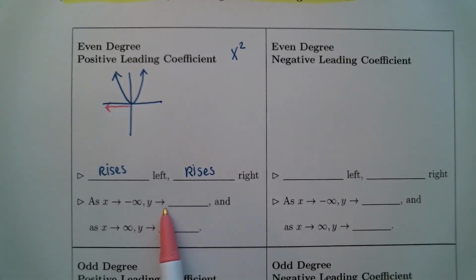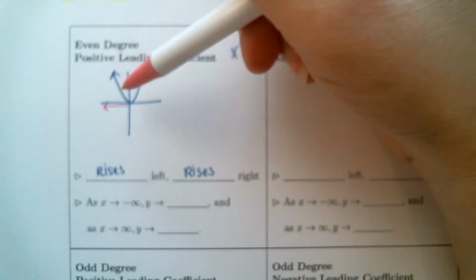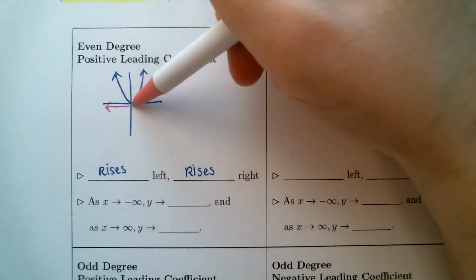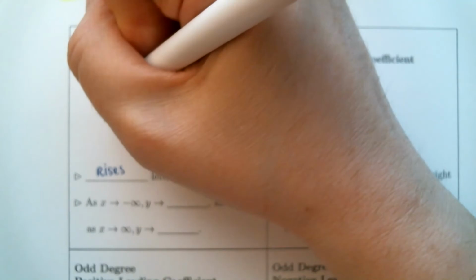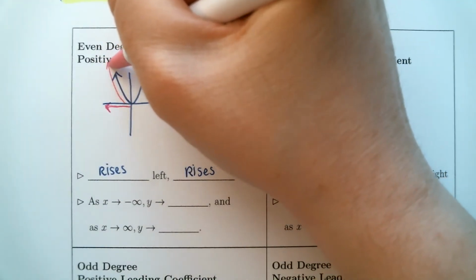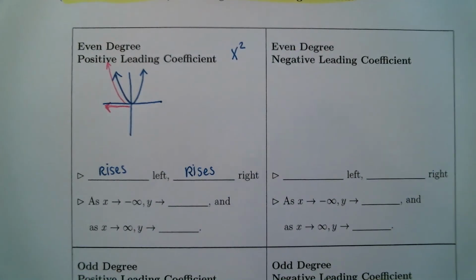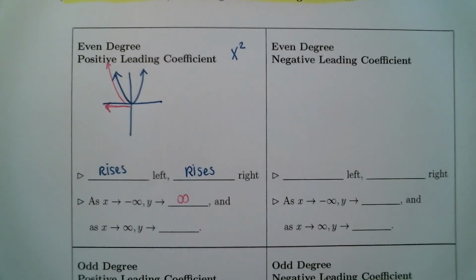Are they getting more positive or more negative? These x values correspond to these y values. As your x values get more and more negative, the corresponding y values are getting more and more positive. So your y values will approach positive infinity. That's what goes in that blank.